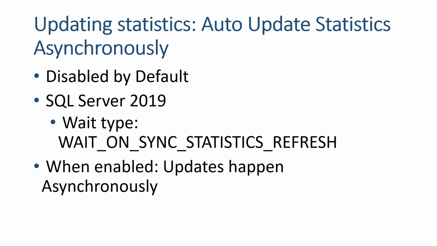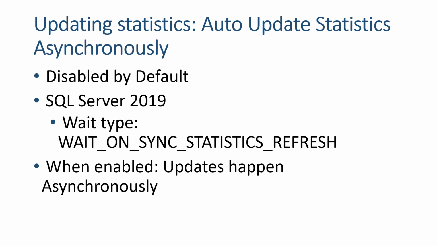Let the user who is using that statistics right now go ahead and use the same old stats and the same execution plan to get the results. Once he gets the results, then go ahead and update the stats, invalidate the plan, and generate a new plan in the background later. That's how the asynchronous option works.